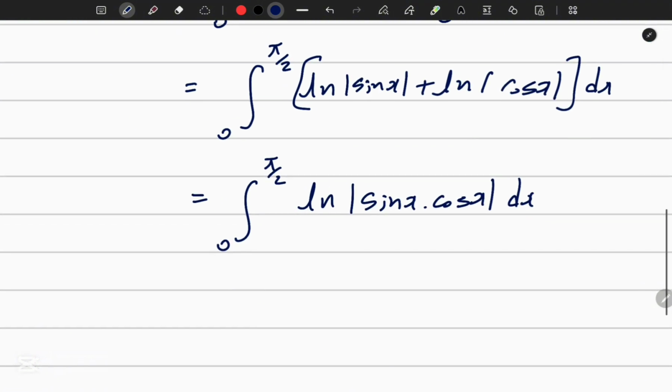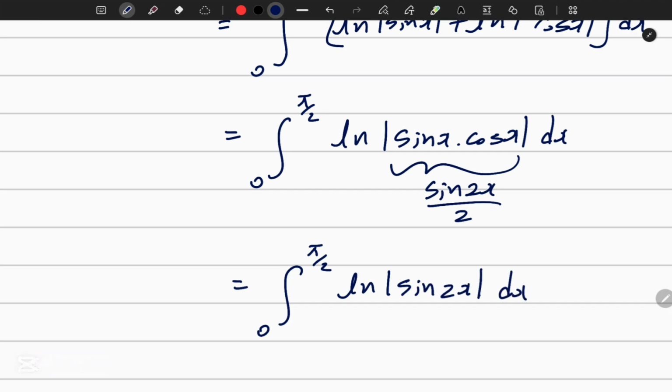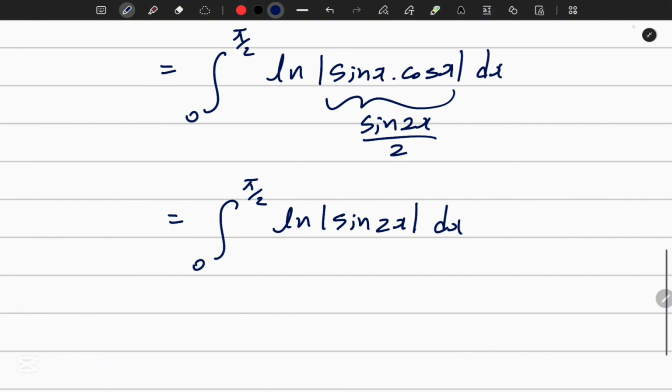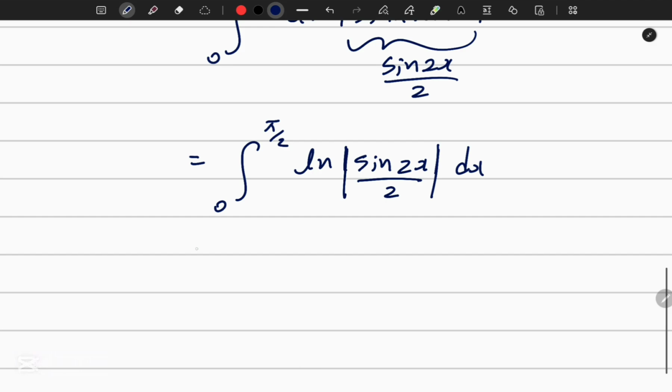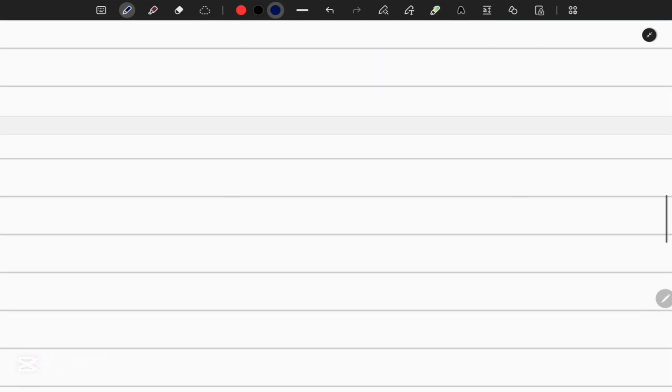I know sin 2x equals 2 sin x cos x, so sin x cos x is sin 2x over 2. So this equals the integral from 0 to π/2 of ln of sin 2x over 2 dx.